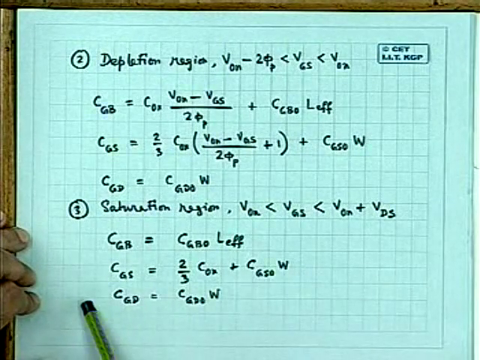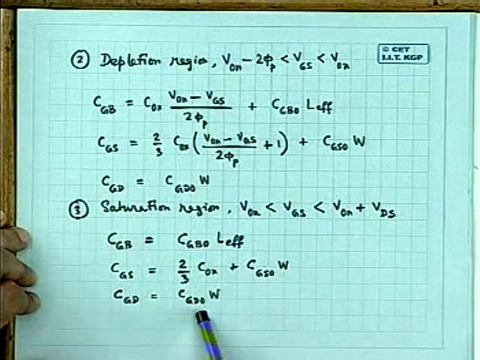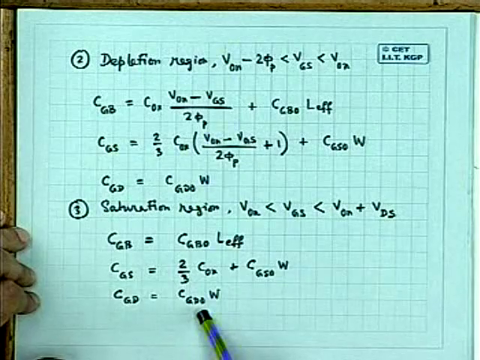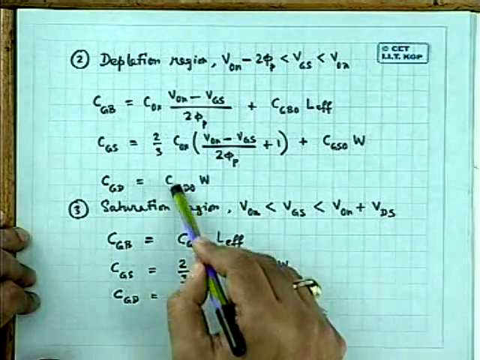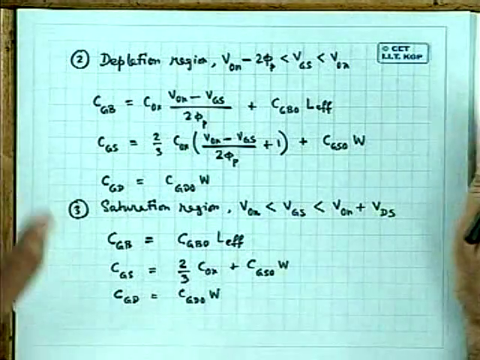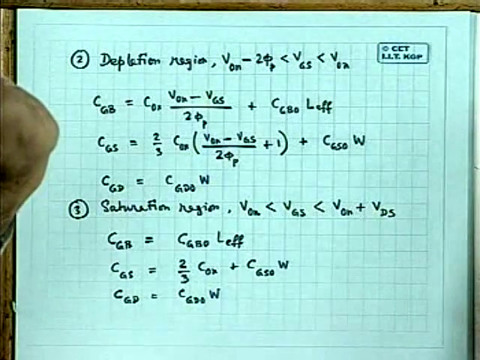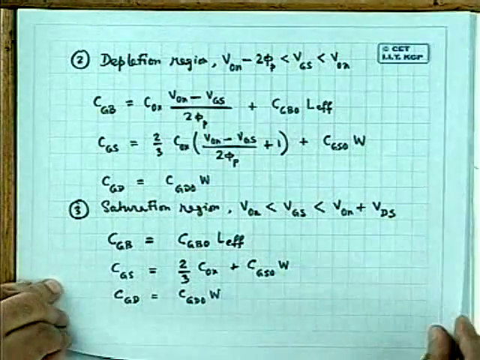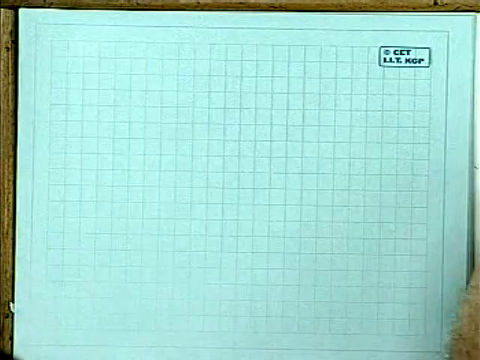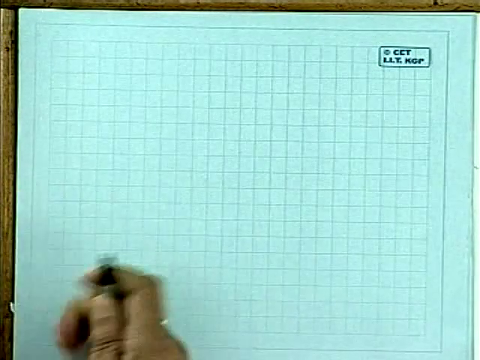Okay, and finally CGD is the same as till now. For CGD there has not been any change, because I am assuming pinch off has formed, so the drain is isolated. A lot of approximations are there. Then linear region.